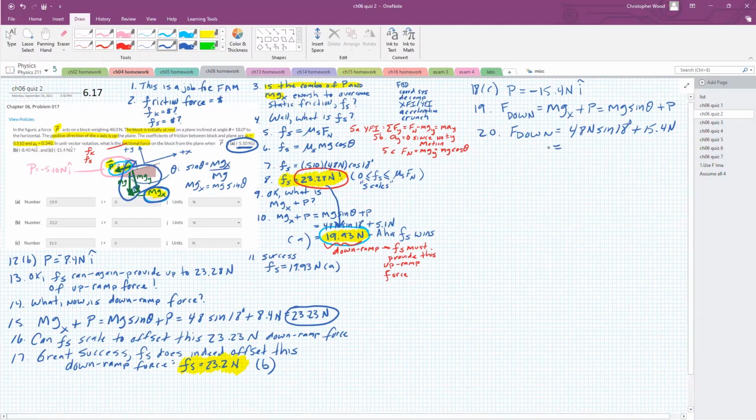So that's it. Finally, we have defeated static friction. 30.23 newtons is the total downward force. So F sub S is finally defeated. So that means the box moves.